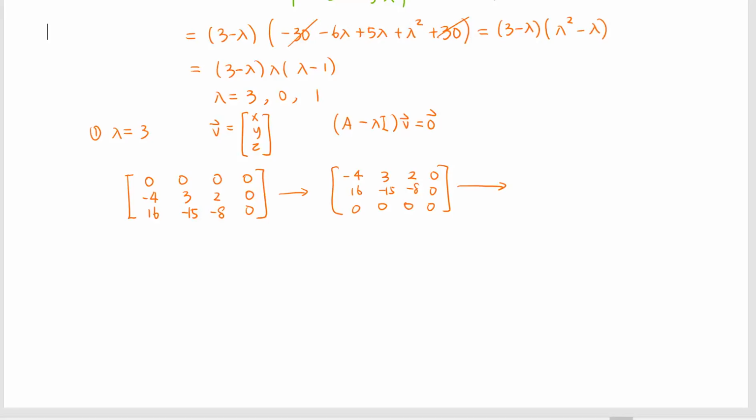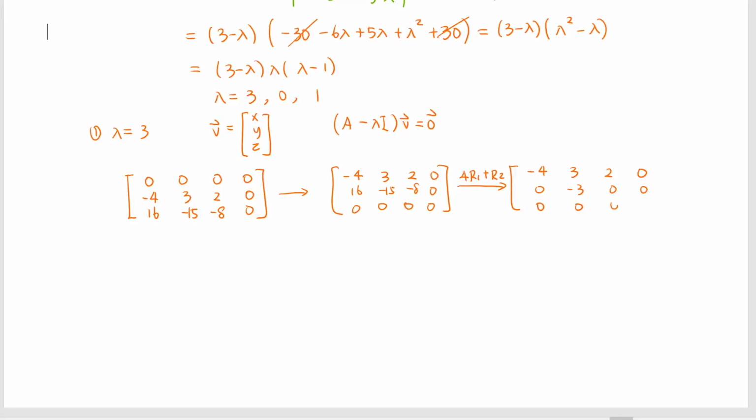Okay, so now can you see 16 is a multiple of minus 4? So we use 4 R1 added to R2. Minus 4, 3, 2, 0. Minus 4 times 4 is minus 16, minus 16 plus 16 is 0. 4 times 3 is 12, 12 minus 15 is minus 3. 4 times 2 is 8, 8 minus 8 is 0.